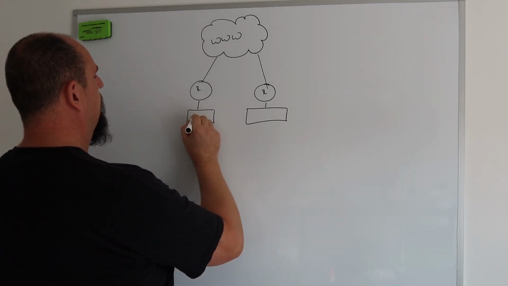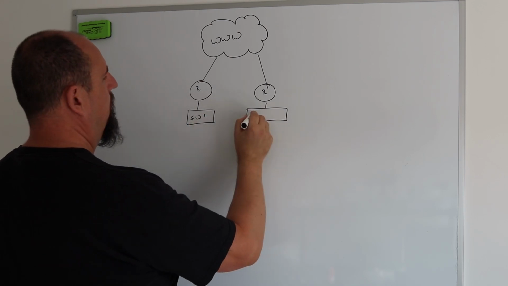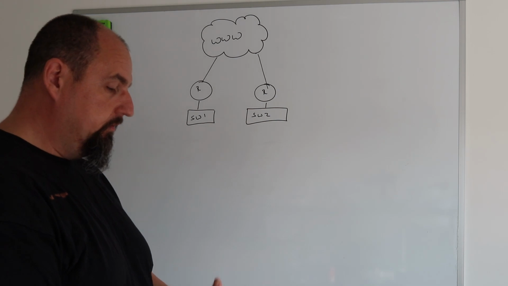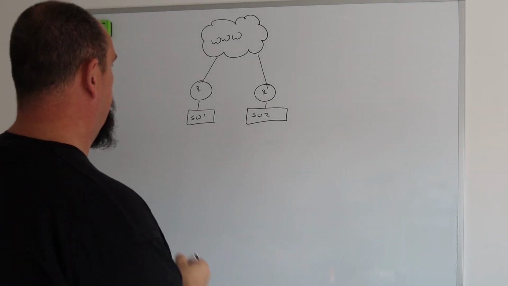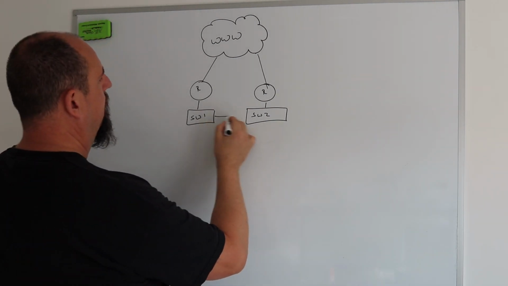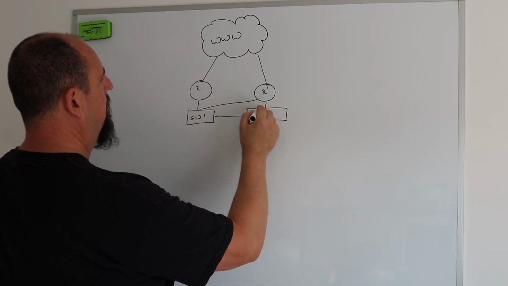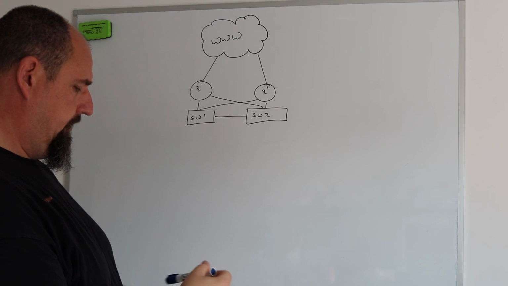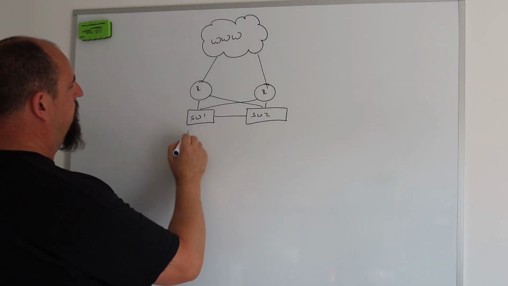And then switch 1, switch 2. As a general rule, to provide all the redundancy that we need, these would be connected thus. And then underneath, we're going to have our firewalls.